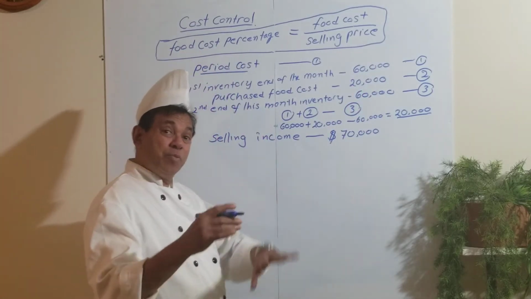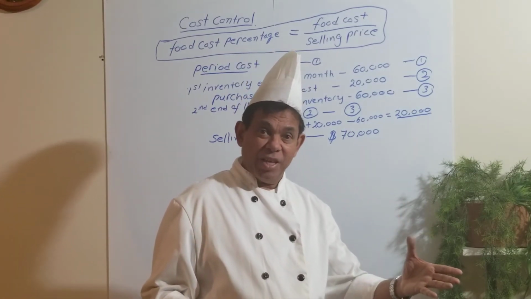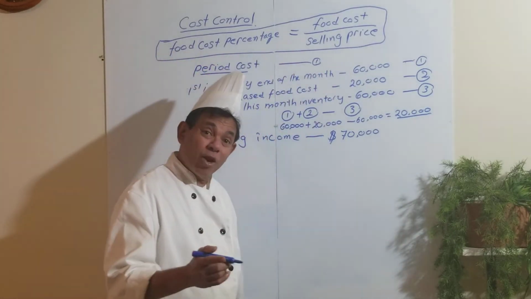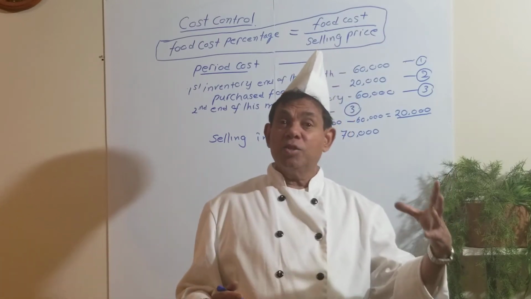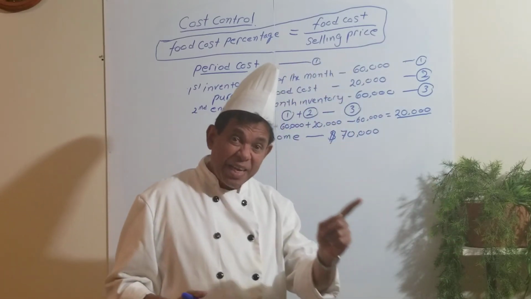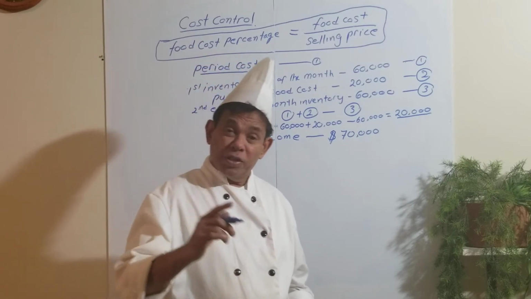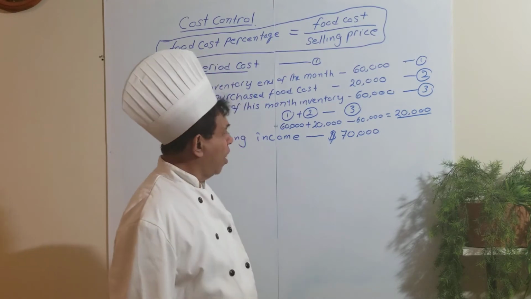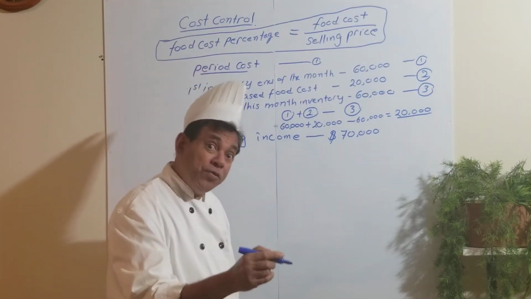To calculate this period food cost percentage, if somebody asks for the food cost percentage, I want to calculate that every particular month. I must know what is my food cost percentage of the kitchen. That is period food cost percentage I have to know for future calculation of other things. Later I will explain. Now I calculate my food cost percentage of the kitchen.